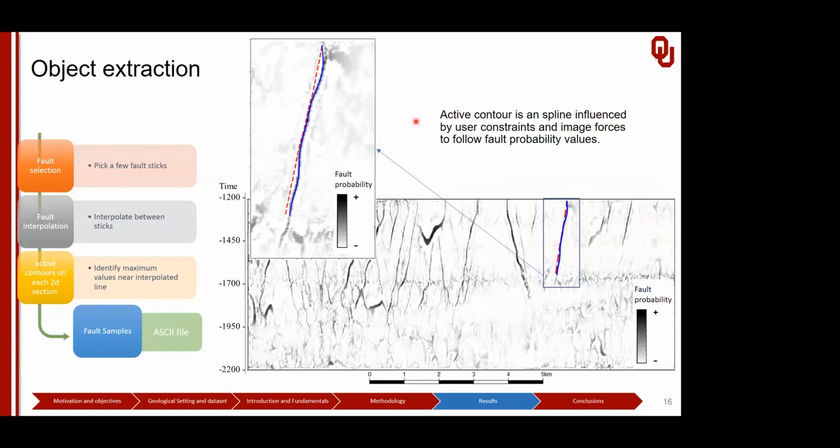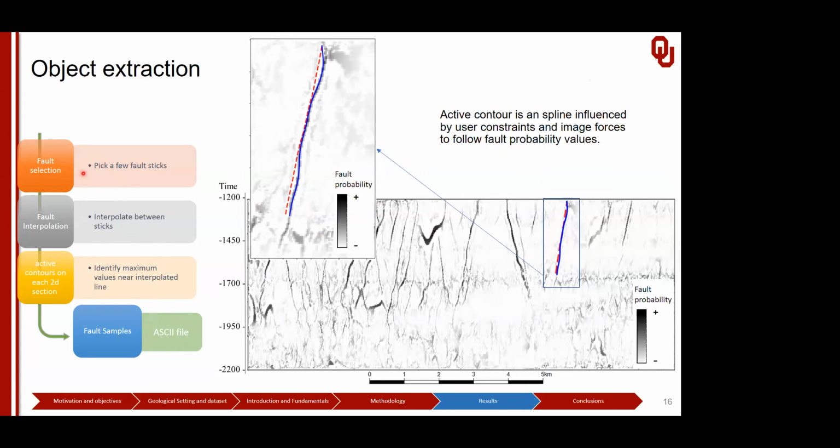Now, object extraction. This is the method that I'm using to extract objects. So an active contour, that's the method that I am using, is a deformable line influenced by image forces that pull the line towards the feature, the fault in this case. This is the methodology that I use.